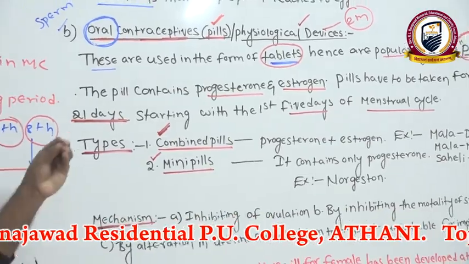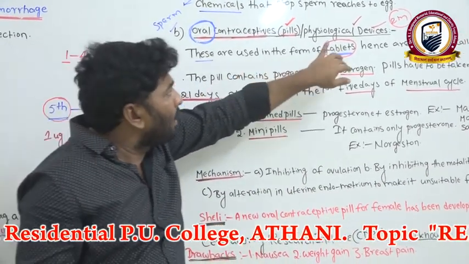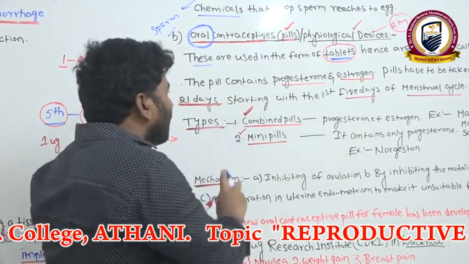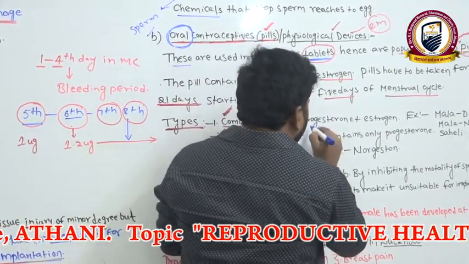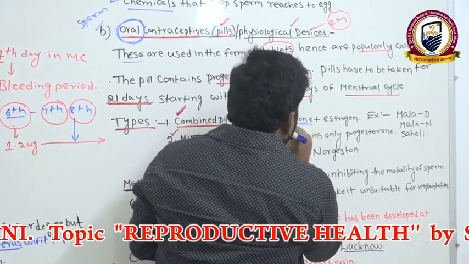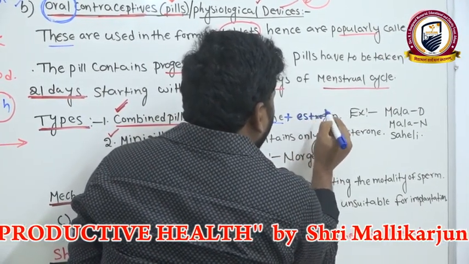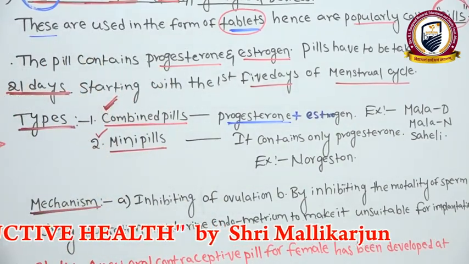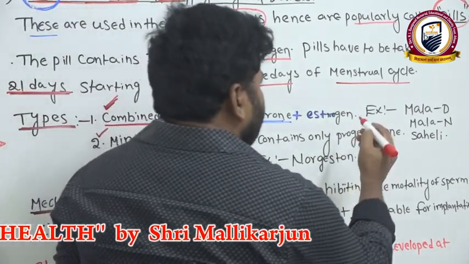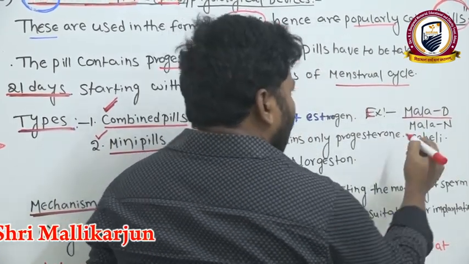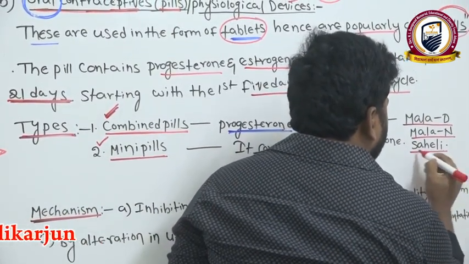Combined pills, as I already told you, contain progesterone and estrogen hormones. In the combined pills, both progesterone plus estrogen hormone are present. Examples we can take here: Mala D, Malayan and Saheli.